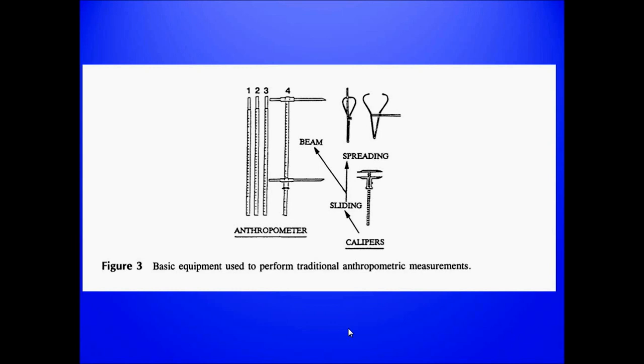Ways of measuring these various anthropometric distances can be done with an anthropometer, as you can see on the left side of the screen, and with calipers, spreading calipers, large and small. And the nice thing about the calipers is that they give you a much more accurate measurement of distance, especially if you're looking at width and depth, let's say going from hip to hip or shoulder to shoulder, rather than using a tape measure.